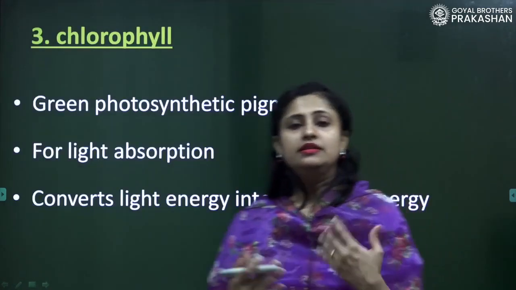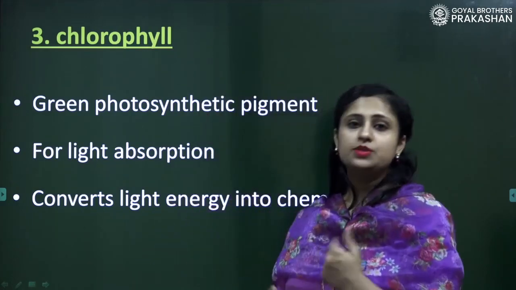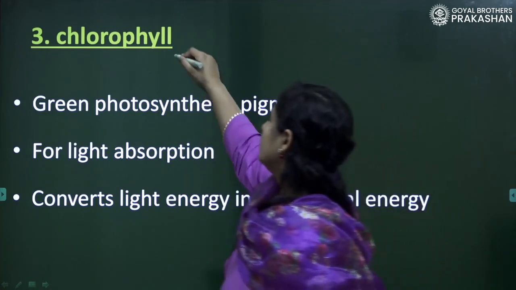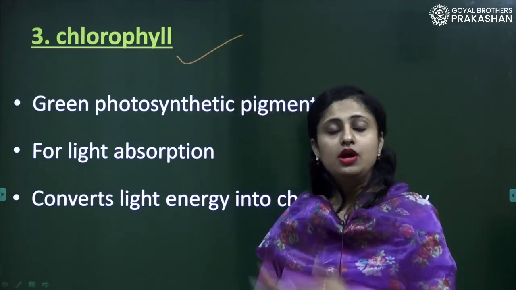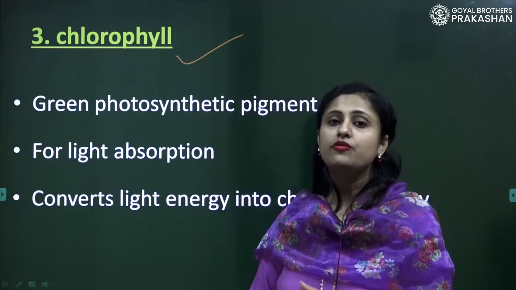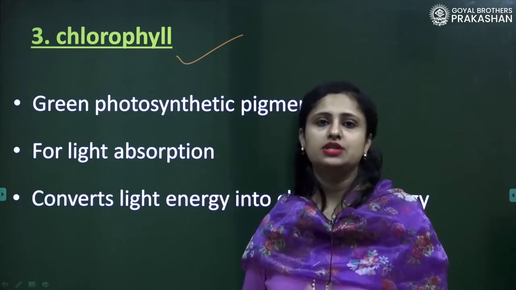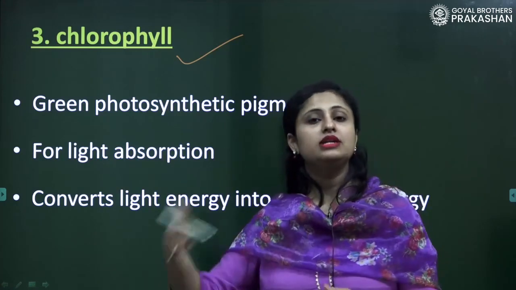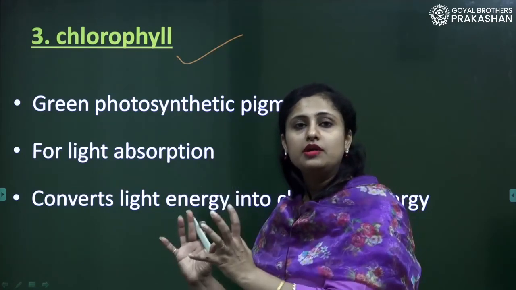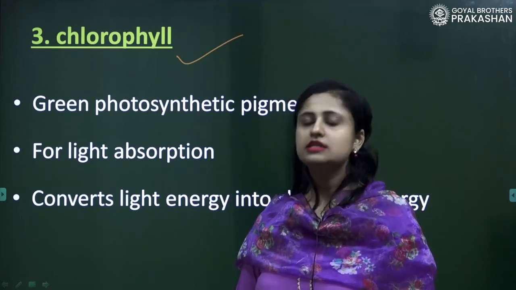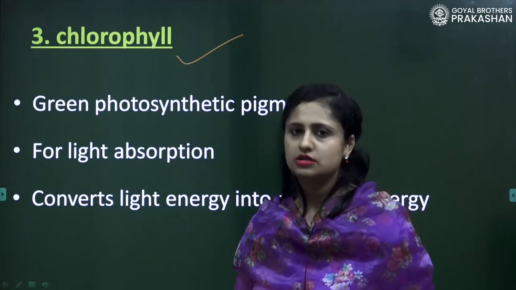Now, the next raw material used by the plants to carry out the process of photosynthesis is chlorophyll. The chlorophyll molecule or chlorophyll pigment is responsible for trapping the solar energy so that it can be carried forward towards the product formed, which is used by the plants as a source of energy, that is carbohydrates or starch.